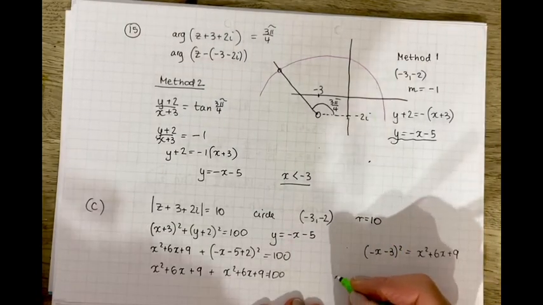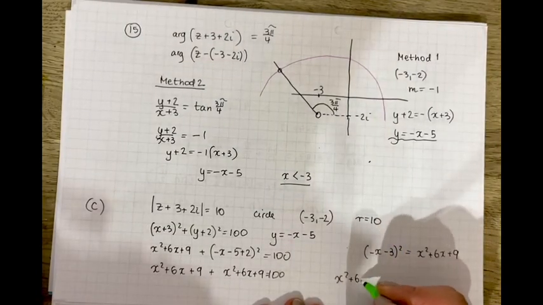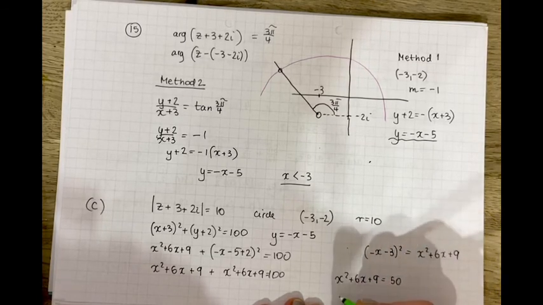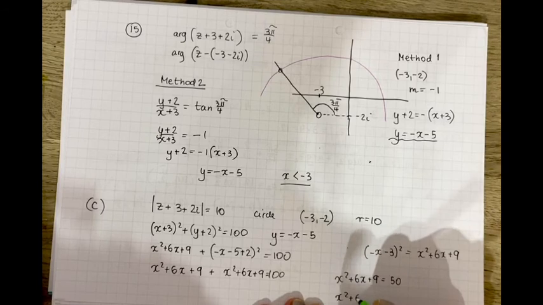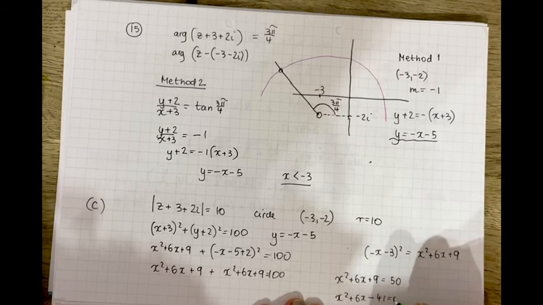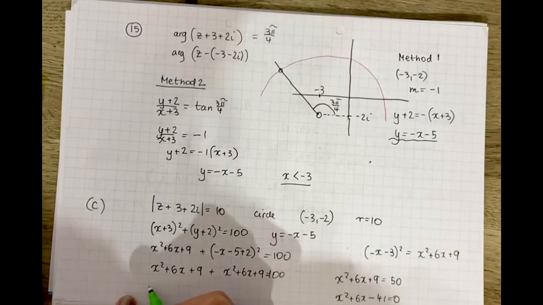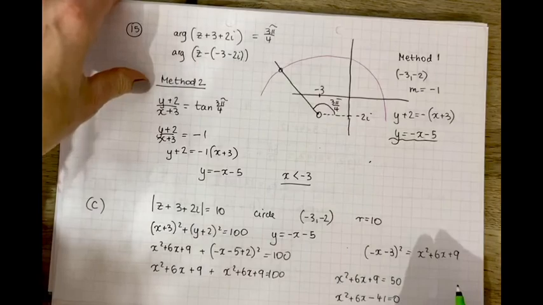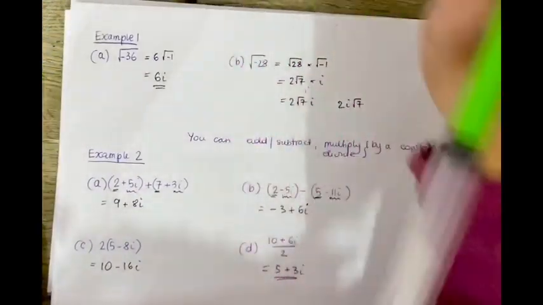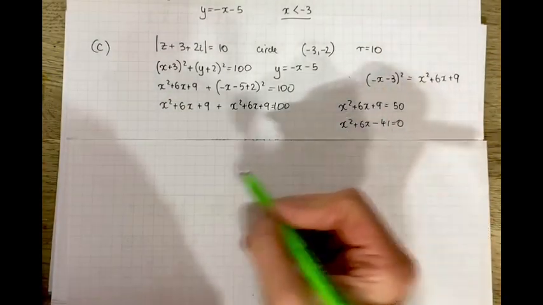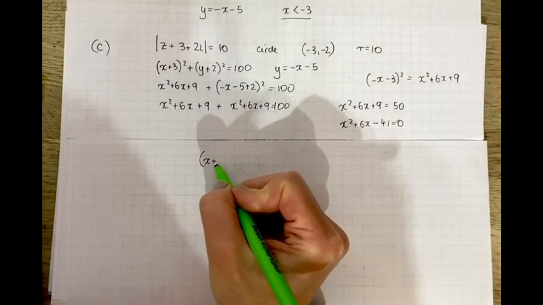Okay, so that gives me x squared plus 6x plus 9 is equal to 50. So x squared plus 6x minus 41 is equal to 0. So let's solve this equation. Whichever way you prefer, I'll complete the square.